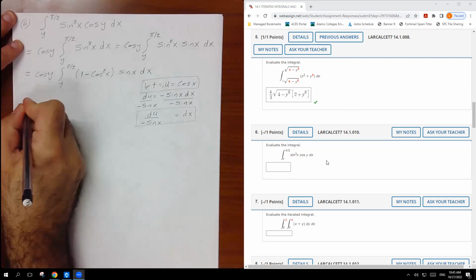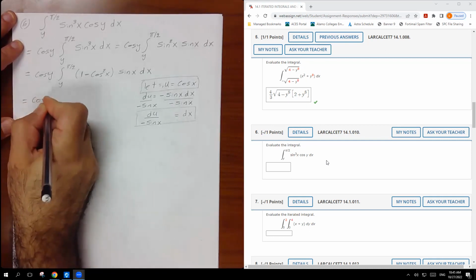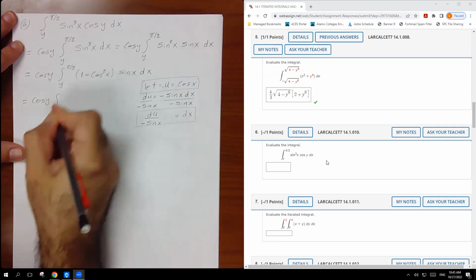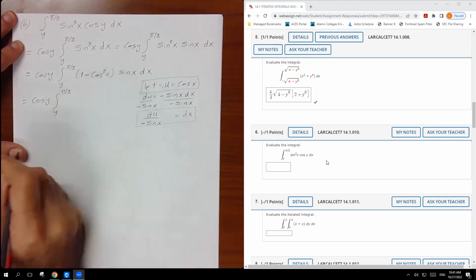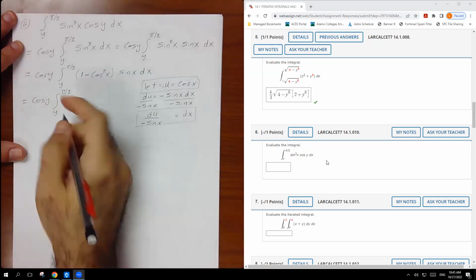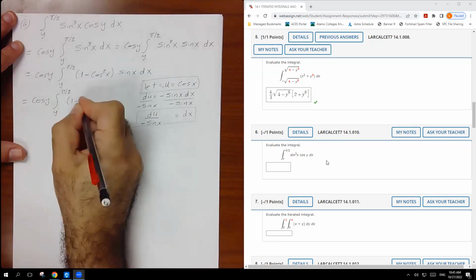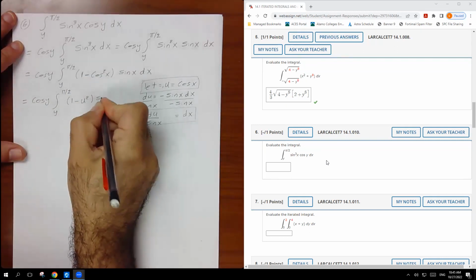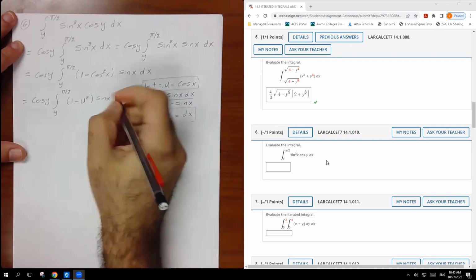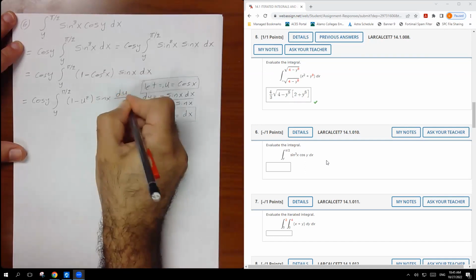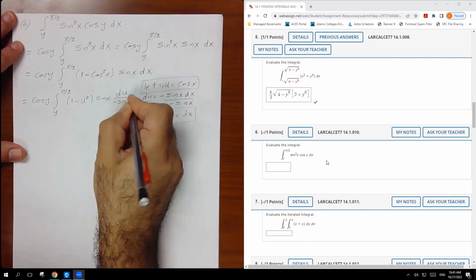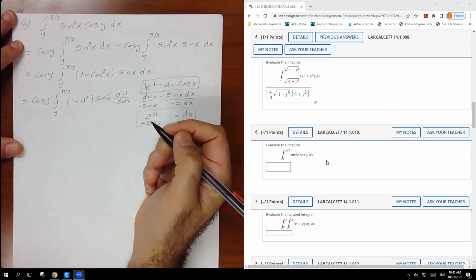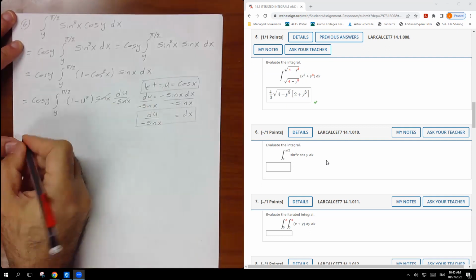That means this one is going to be equal to cosine y, and here is the border from y to pi over 2, 1 minus u squared, keep the sine, dx is going to be du divided by negative sine x. Now cancel the sine with the sine.